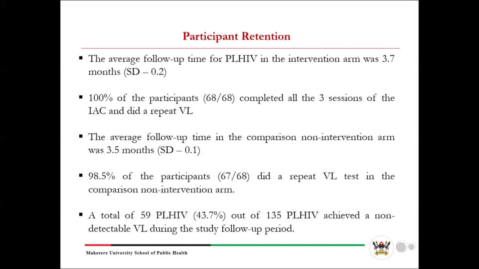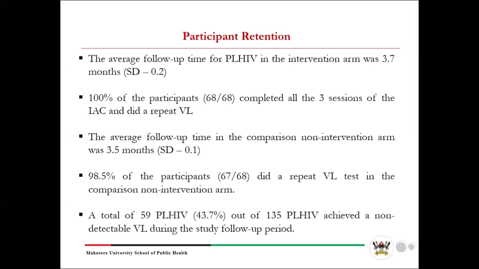And 98.5%, 67 out of 68 of the people in the non-intervention group, which is the control group, did a repeat viral load. There was a loss to follow-up of one participant who was transferred to another clinic which was distant. And when we made efforts to try and trace the participant, all the known phone numbers were off.